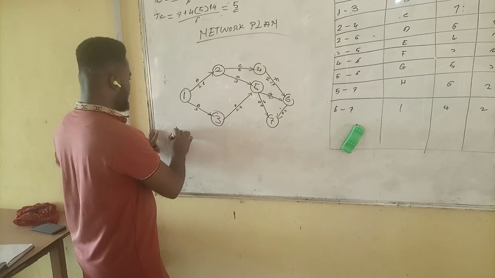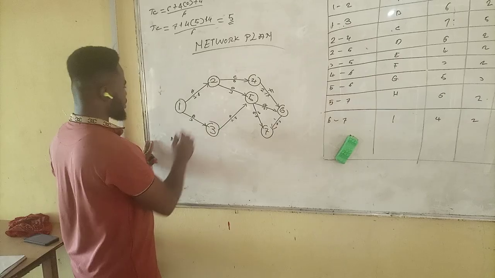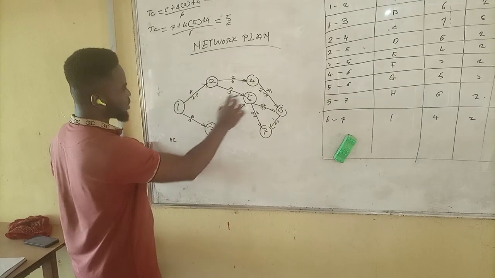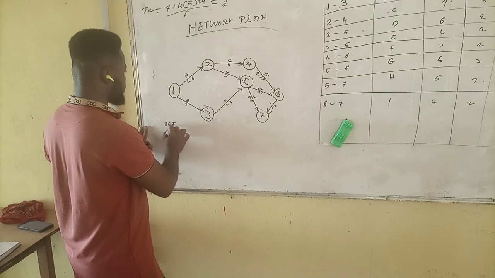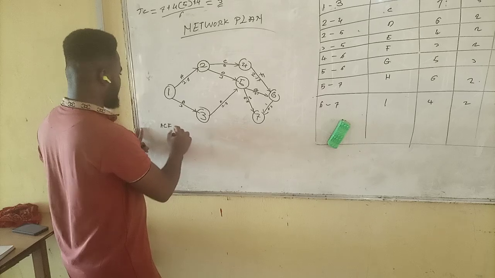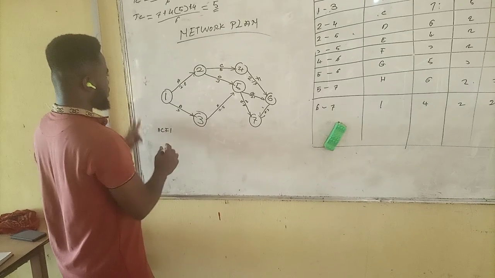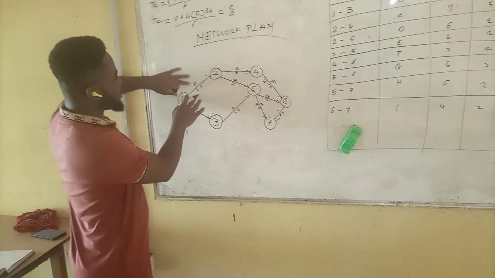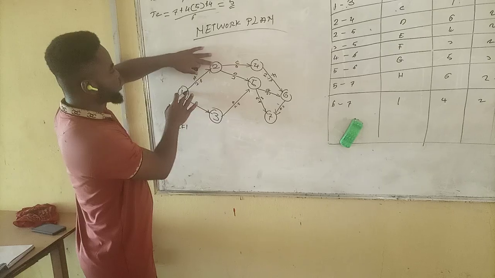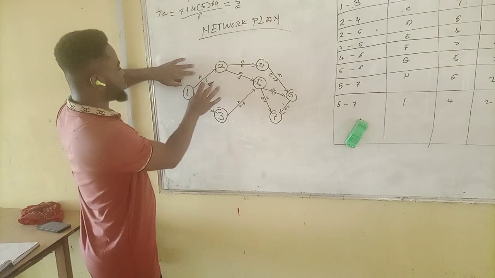So what we'll do is title A, C, F, and I. Here is from activity 1 to 2, here is where the activity is being done.